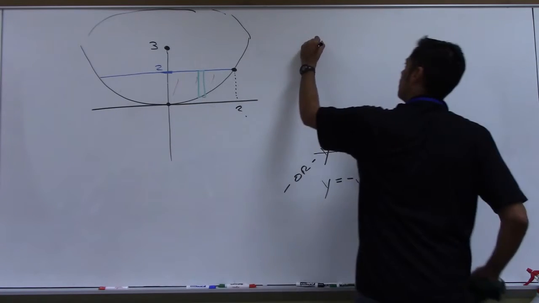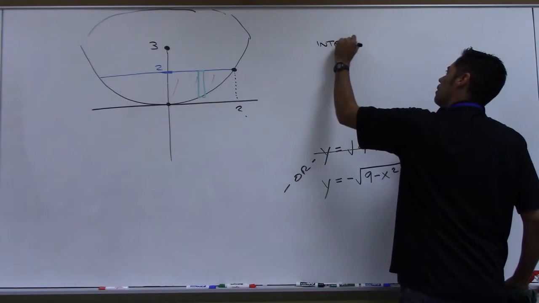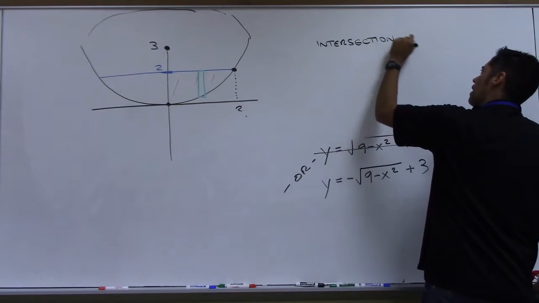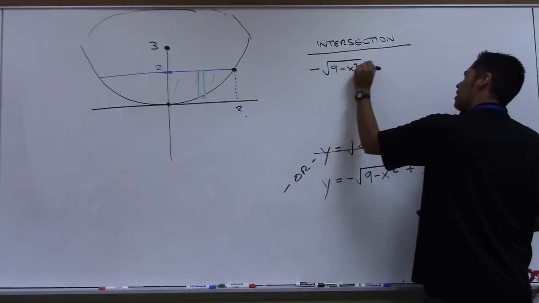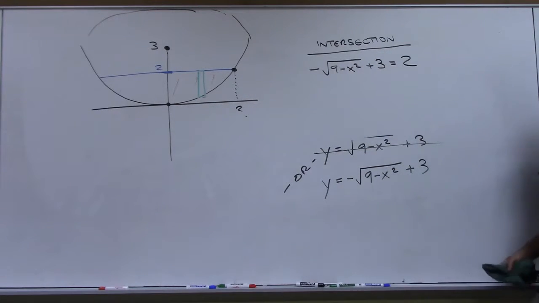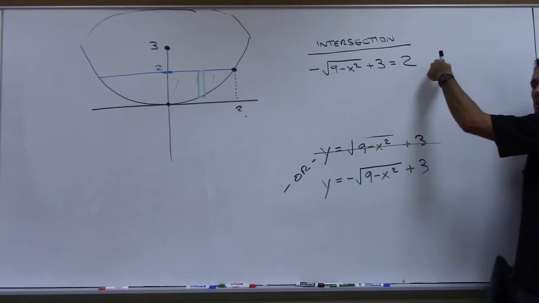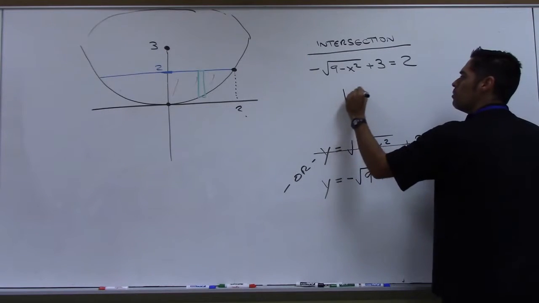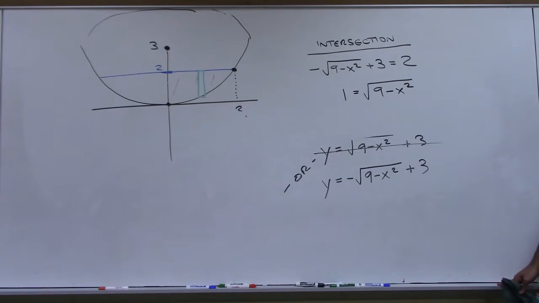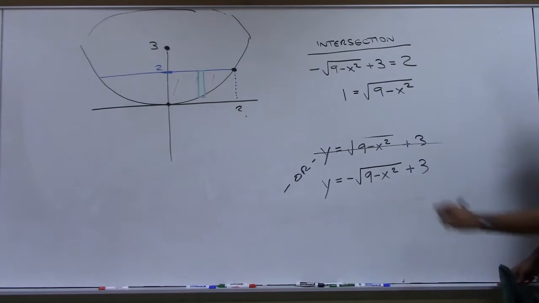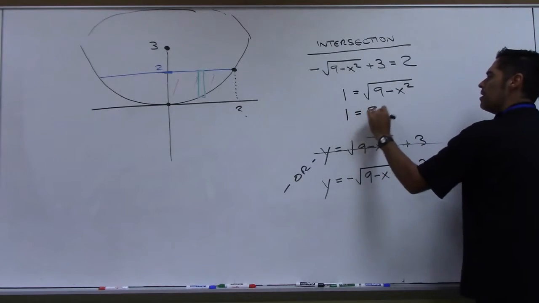So for the intersection, I need to set negative root of 9 minus x squared plus 3 equal to 2. Which means I'm going to move the negative root to this side. I'm going to move the 2 to this side. So 1 equals root of 9 minus x squared. You all still there? Square both sides. 1 equals 9 minus x squared.